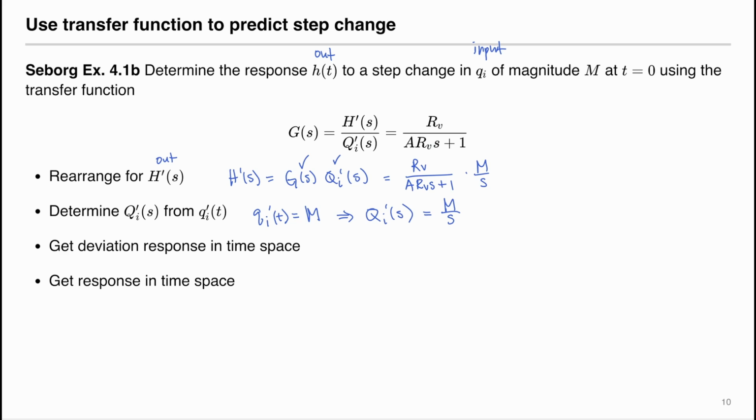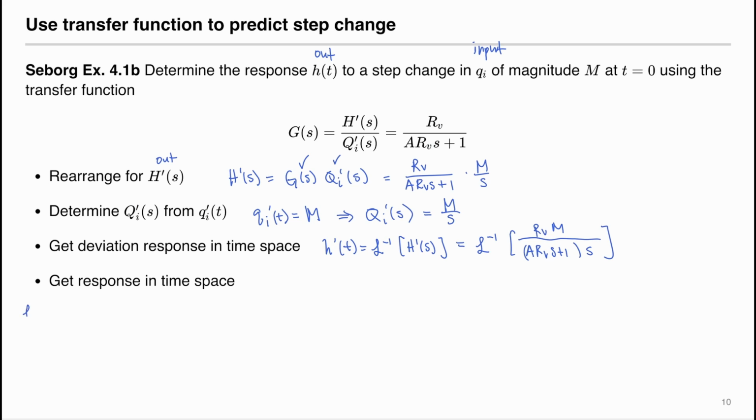Okay. Now we want to get the deviation response in time space, which is H prime of t. To do that, we do the inverse Laplace transform of H prime of s, that whole thing. Again, we want to carefully look at the Laplace table and find the entry that we want to use.